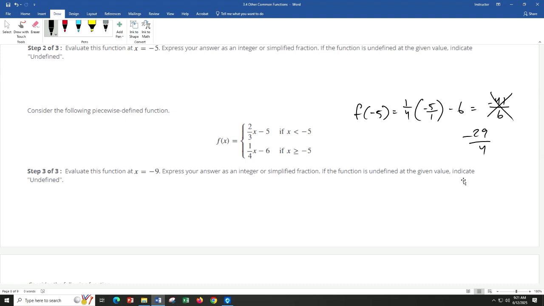Well, it's less than, so I gotta come here and start putting everything in my calculator, and I'm gonna get 2/3 times -9 minus 5. Hot dog, my notes were right. How about -11?